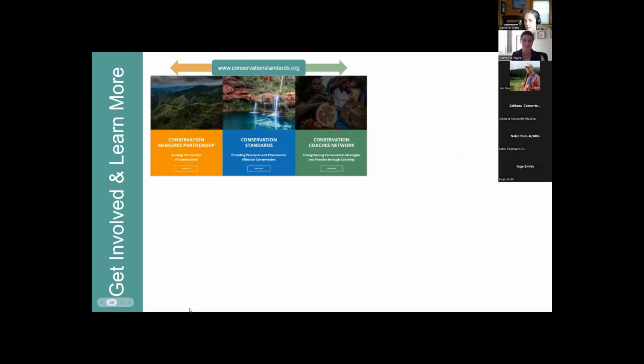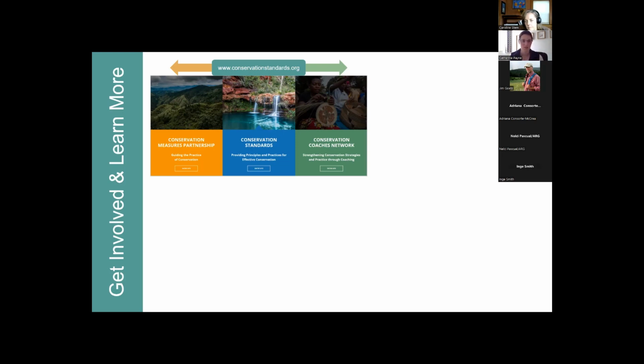Other really cool places you can go to find out more information. If you go to conservationstandards.org, you will see 3 different pillars. You've got conservation standards in the middle that will tell you about the conservation standards themselves. You can download in multiple languages. You can look at case studies, look at some testimonial videos, all of those sorts of things.